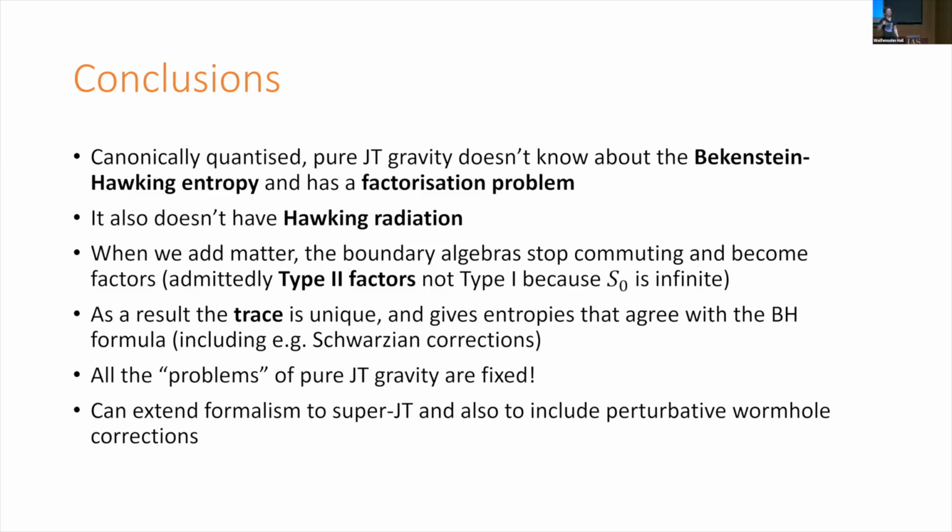So if you put in a load of matter, keeping the energy fixed, I think in general it will make the entropy smaller. Certainly in the super JT case, and indeed, in our calculations, the empty wormhole is the maximally entangled state, and so it definitely does make it smaller because it sure as hell can't make it bigger.